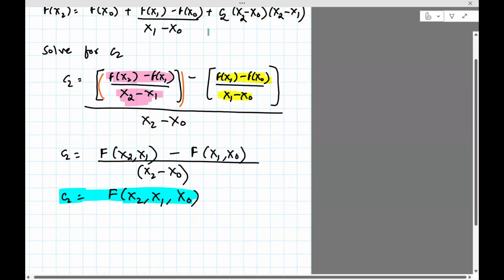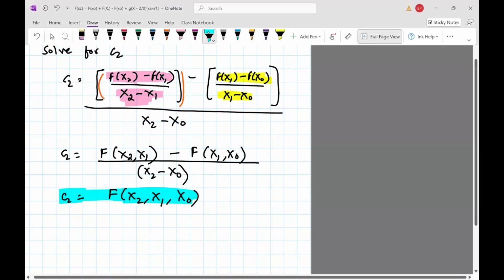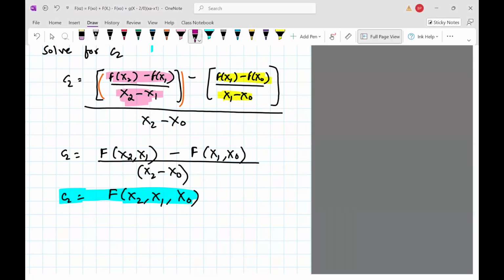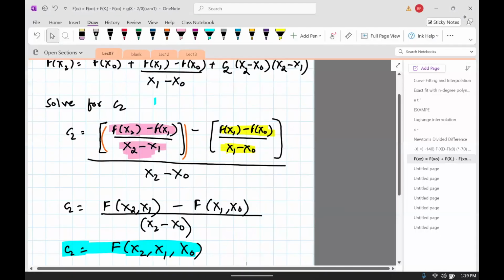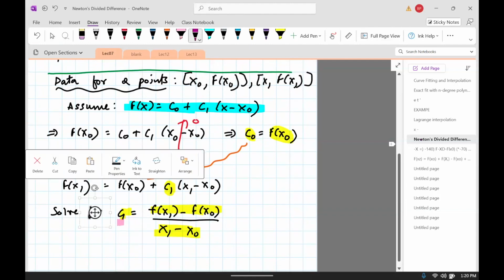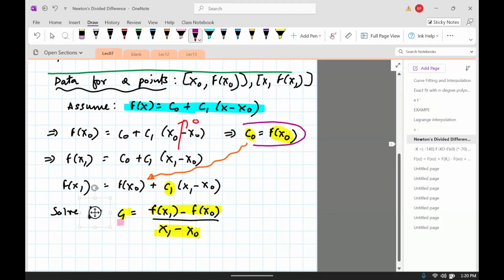Now I could just keep going on, but here's what I want you to notice. Let's just do 3 data points. This is C0.